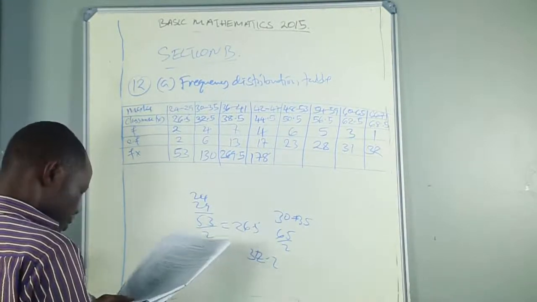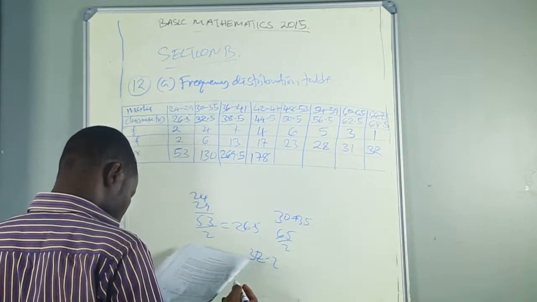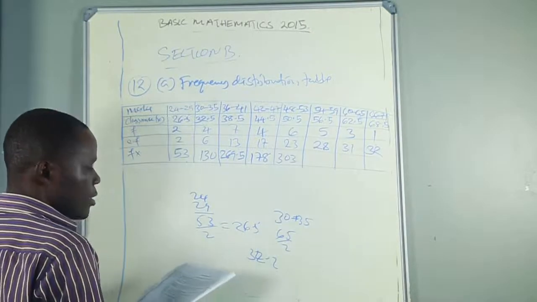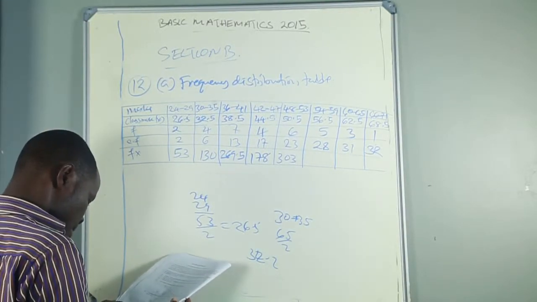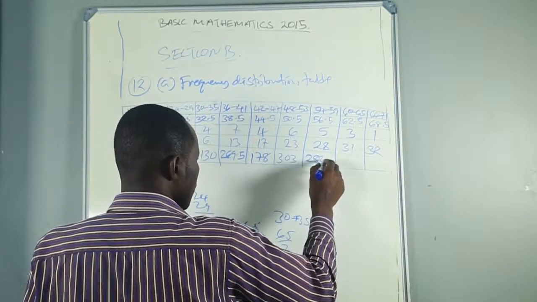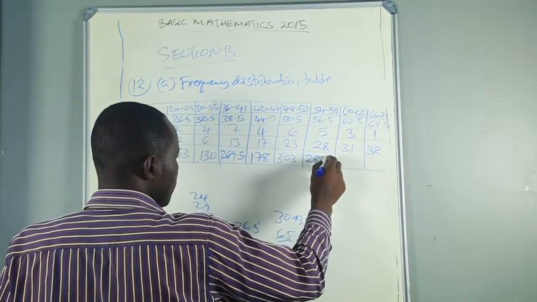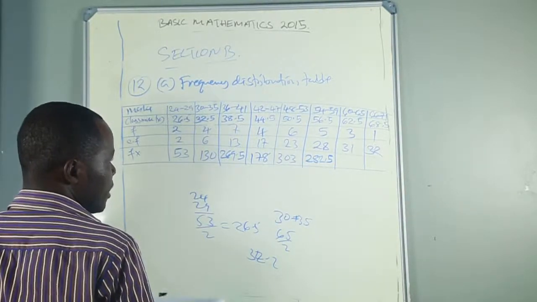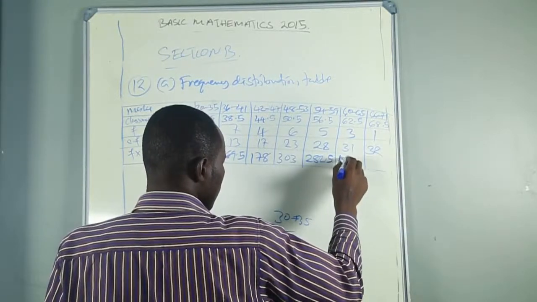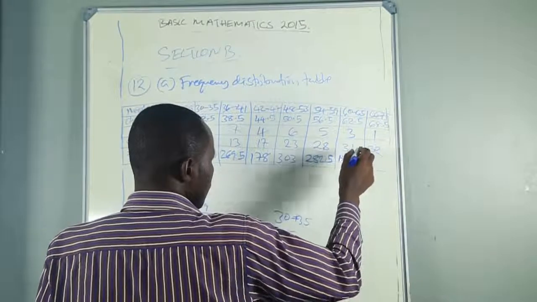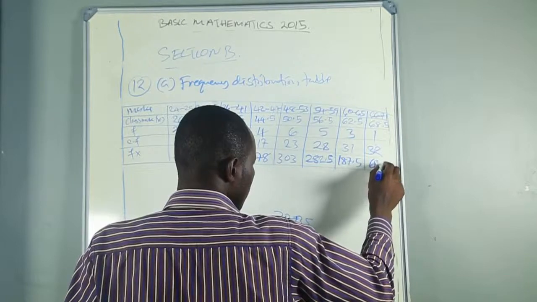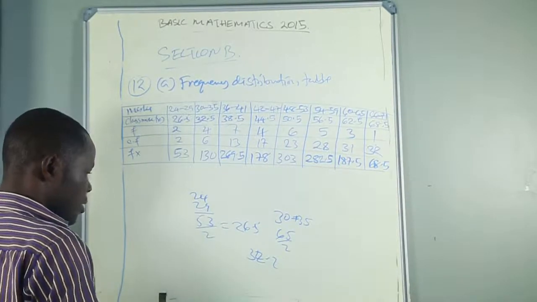Then 50.5 times 6, it is 303. 56.5 times 5, it is 282.5. Then 62.5 times 3, it is 187.5. Then 68.5 times 1, it is 68.5. So part A is over.